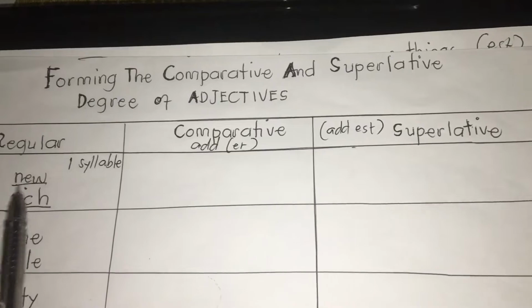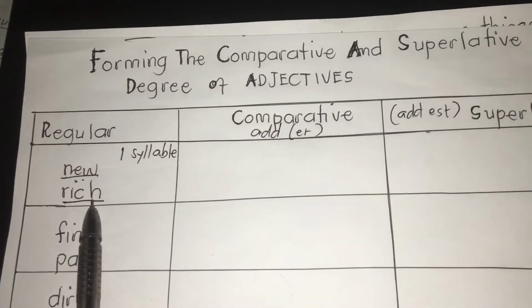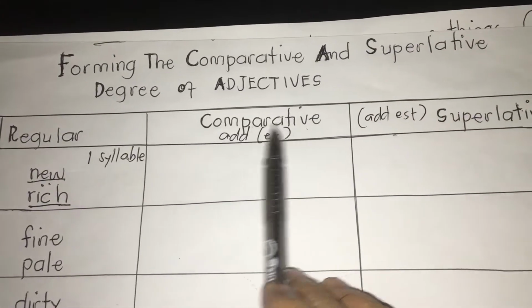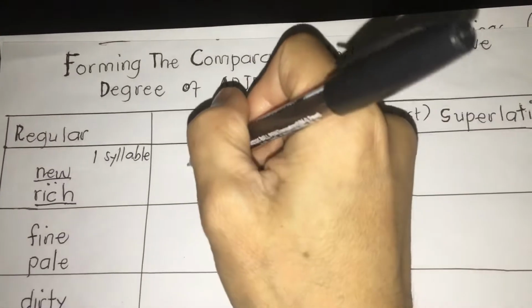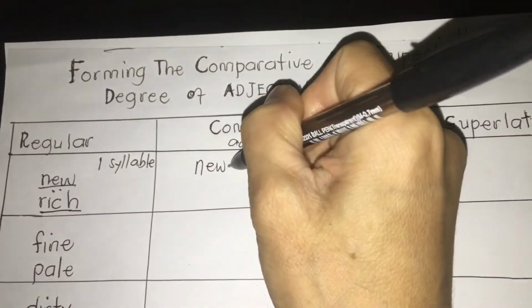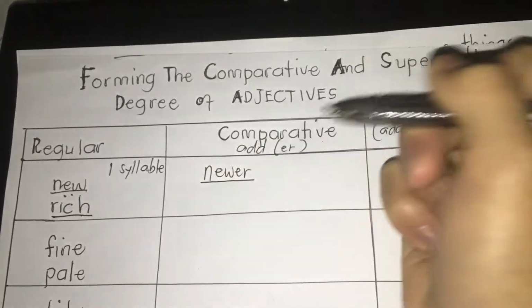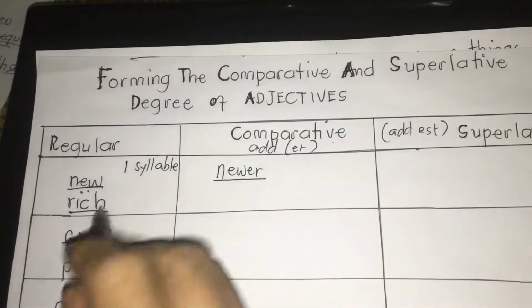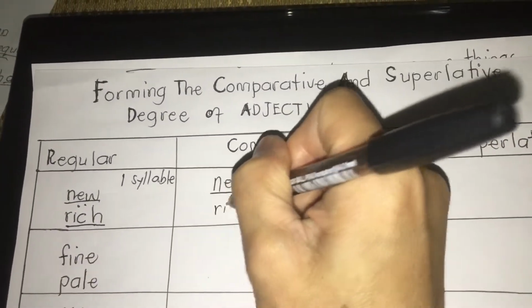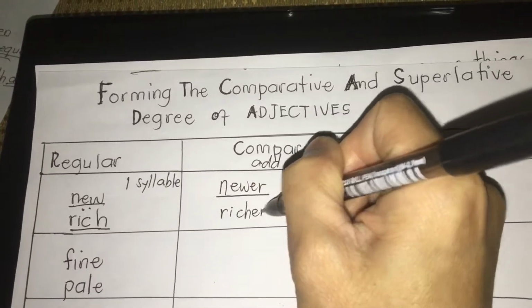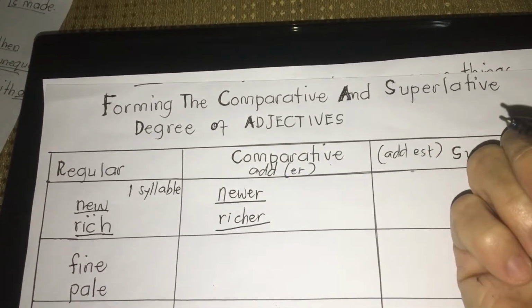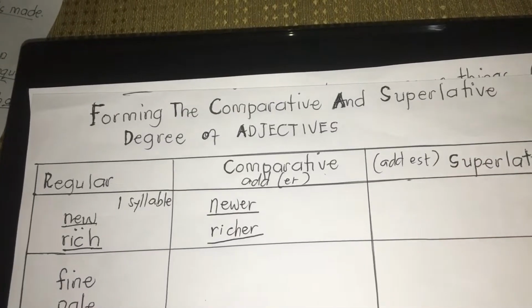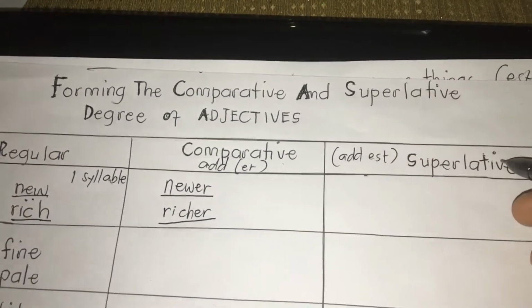So we have again new and rich. In comparative, when we add er to new, it becomes newer. From the word rich, richer. But how about the superlative form?